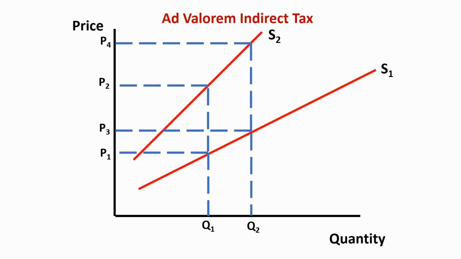Now, the important thing to note here is that the difference between P1 and P2, the incidence of tax in the original situation, is smaller than the difference between P3 and P4. As the market price rises, the incidence of tax with an ad valorem tax rises as well.